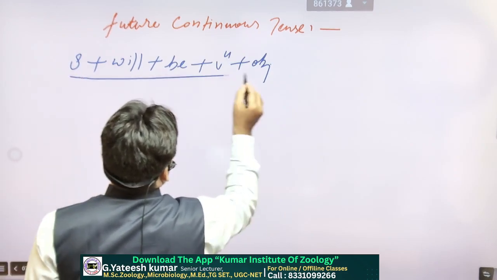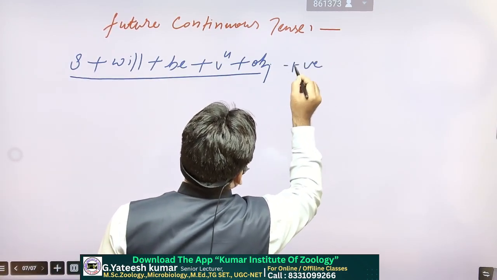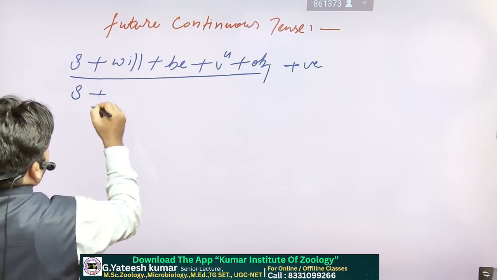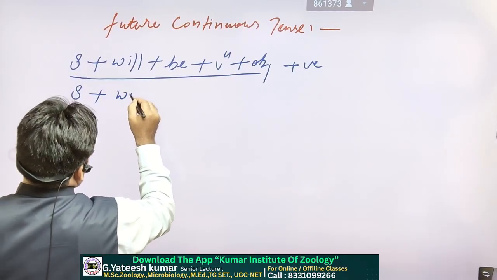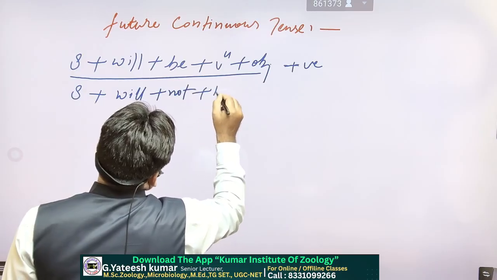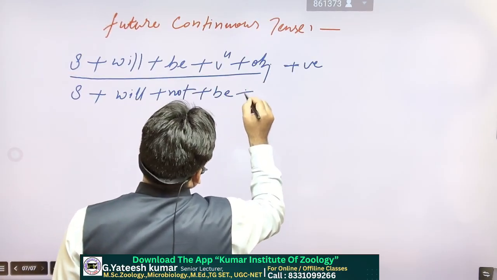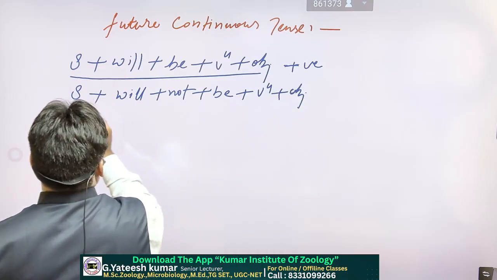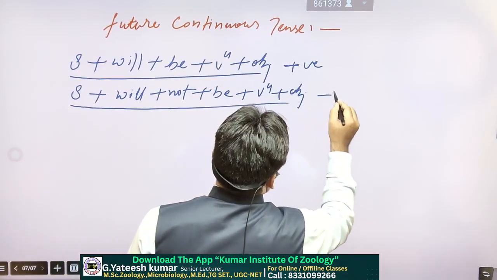So this is affirmative positive, means passing information positively. Next, same we can do in negative, subject, will, not, be, ing form, and object. So this is affirmative negative.